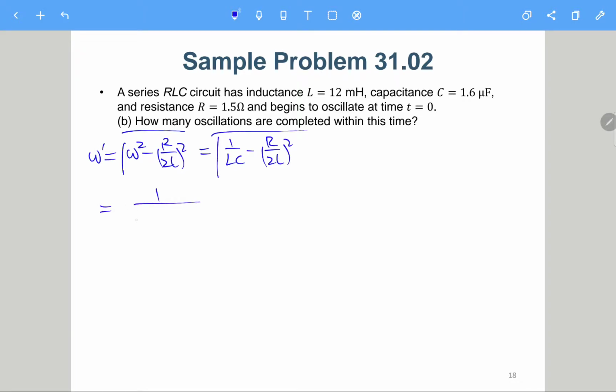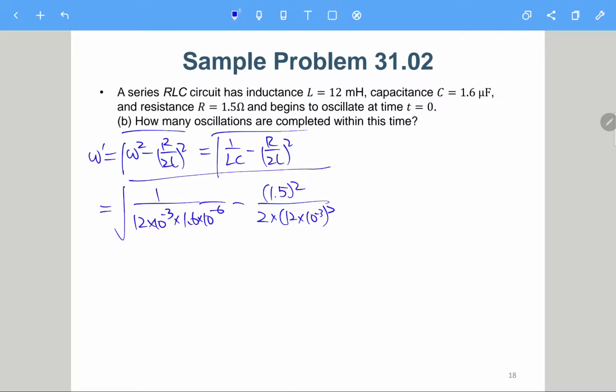So it is 1 over 12 times 10 to the minus third power times 1.6 times 10 to the minus 6, minus 1.5 squared over 2 times 12 times 10 to the minus third, squared.